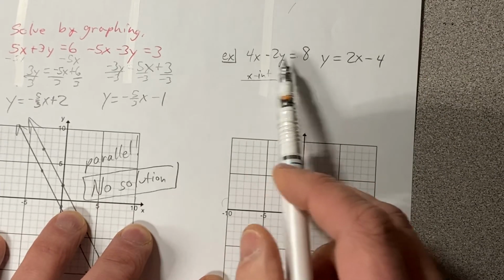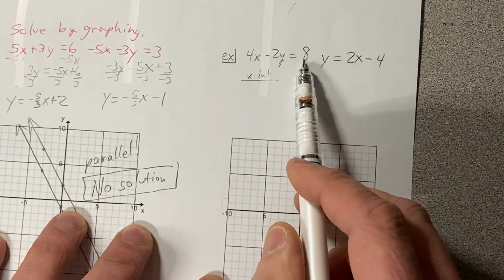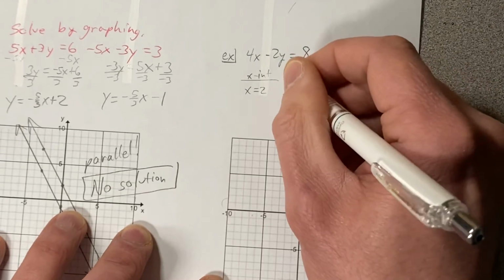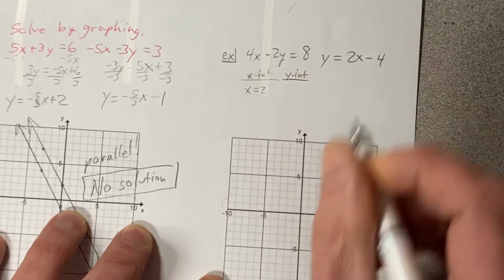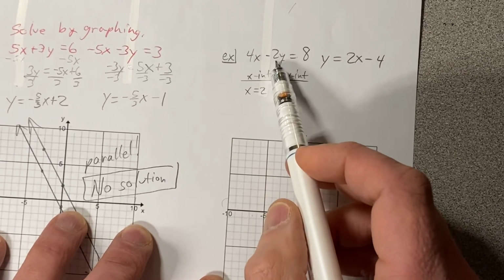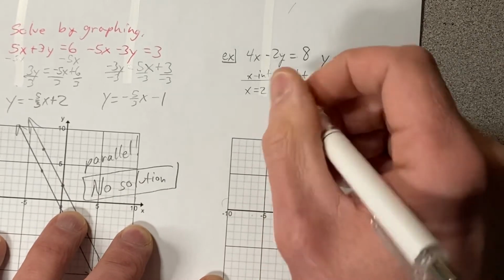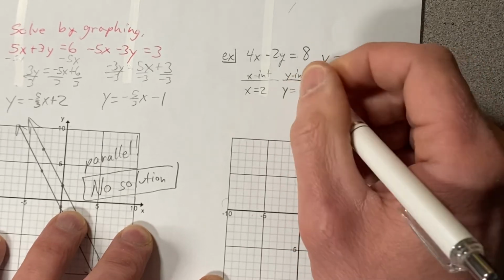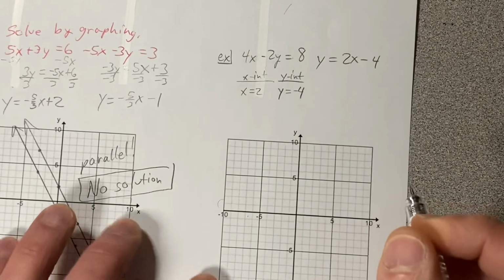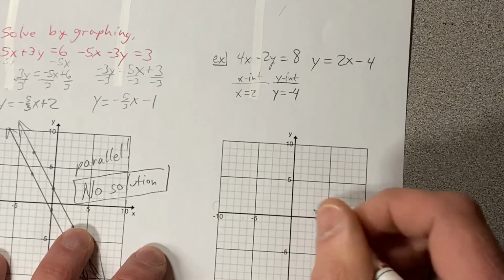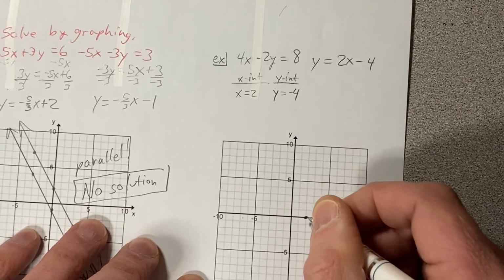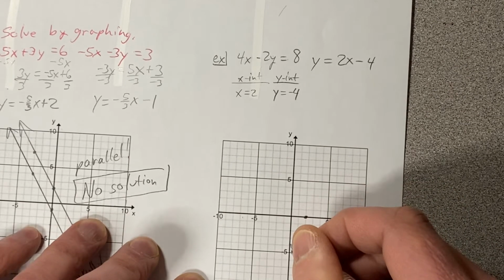So you're going to get 4x equals 8, or x equals 2. The y-intercept is found when x's value is 0 and divide by -2, and you're going to get a y-intercept of -4. And so we can actually graph that line using the intercepts. So we'll put a dot at the x-intercept of 2 and the y-intercept at -4.